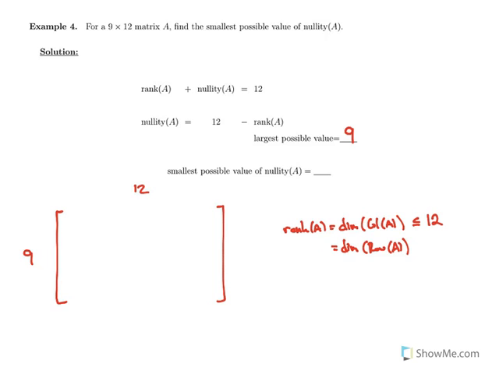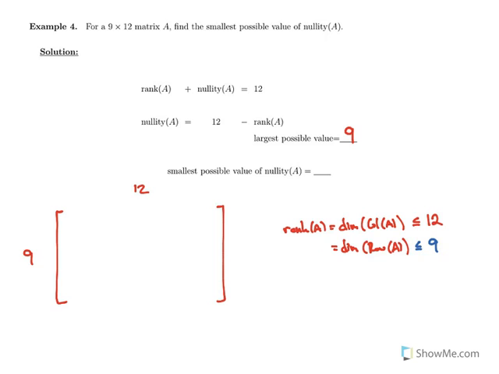But then if we think about the row space of A, we have 9 rows that we could possibly have. Now, it might be less than this, but we know that it has to be at most 9. So therefore, the biggest value the rank can be is 9. Even though if we think about it as the column space, it could be more, we can't have more than 9 pivots.